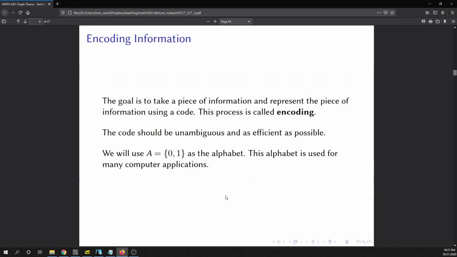All right, so what we want to do is take a piece of information and represent it using a code. That process is called encoding. And what we want is for the code to be unambiguous and as efficient as possible. Like I said, we will use the alphabet consisting of just two symbols, 0 and 1.